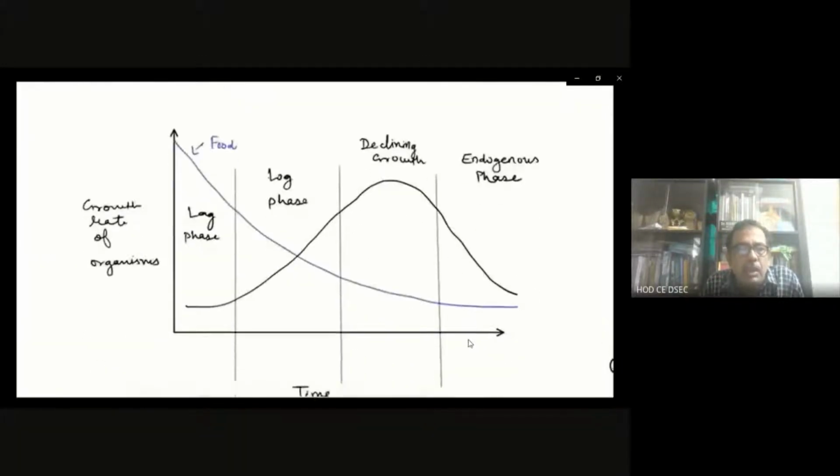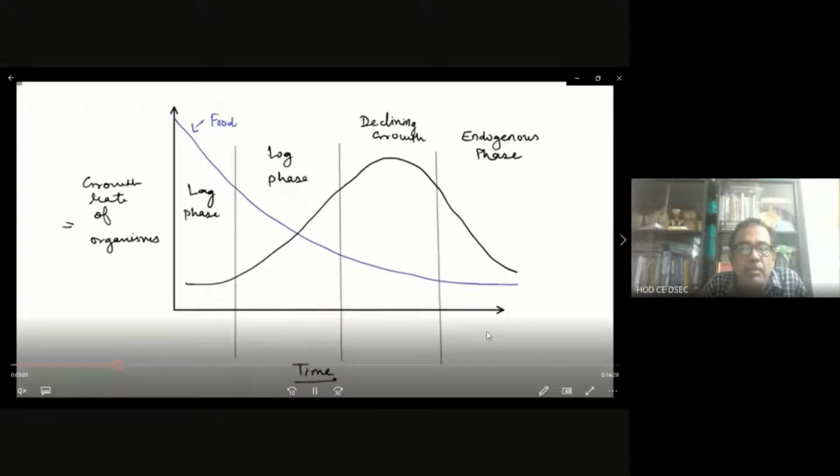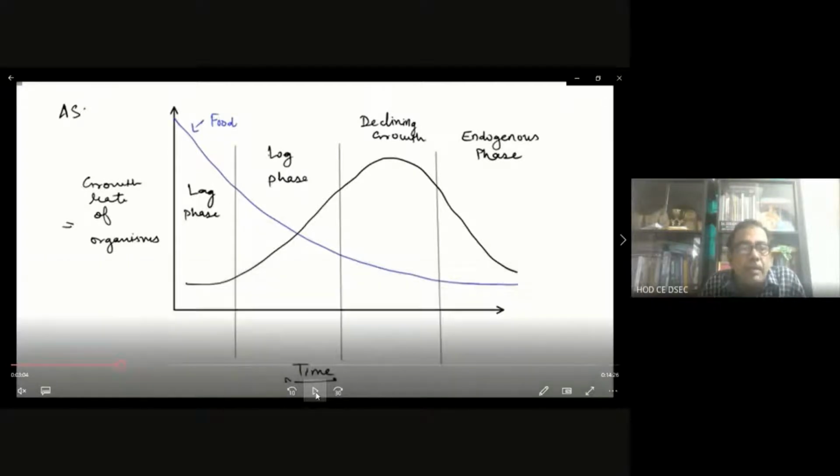Now let us have a glance at the growth rate of the biomass and the substrate utilization. I am showing you the growth rate of the organism, that is the parabolic curve.